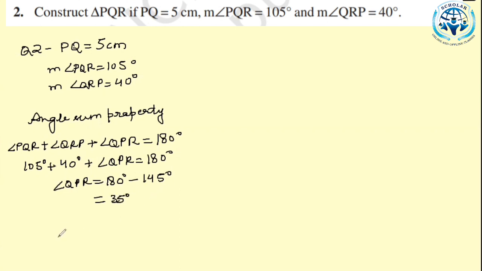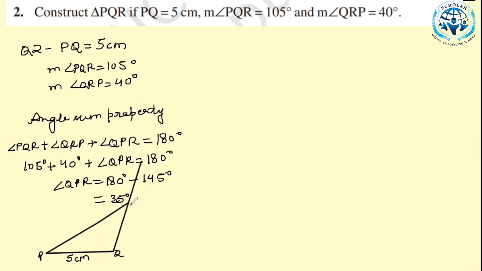It is angle QPR. Because the included side is not given, we have used angle sum property as I told you earlier. So now we know all the three angles. First of all, we will draw the line PR, which is equal to 5 centimeters. Now we will draw the angle QPR, which is equal to 35 degrees. Then we will draw the angle PQR, which is equal to 105 degrees.